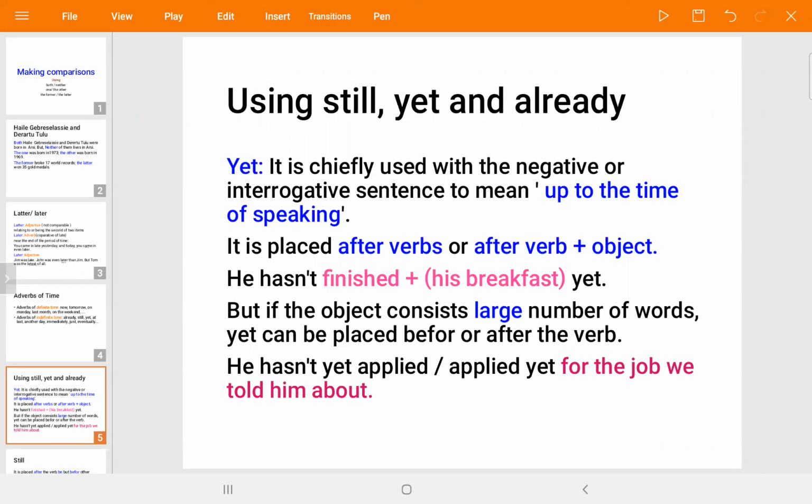With a large number of words, yet can be placed either before the verb or after the verb. So: he hasn't yet applied, or hasn't applied yet, for the job we told him about. The object, the job we've just told him about, consists of so many words.